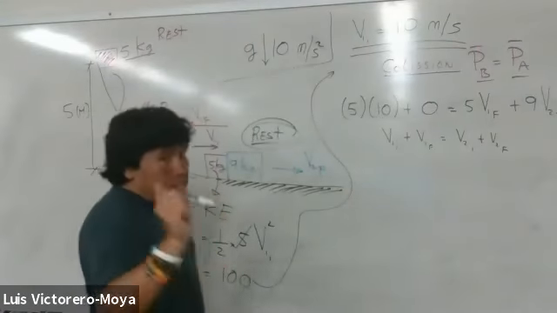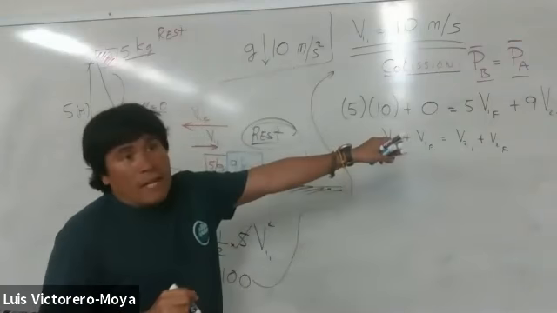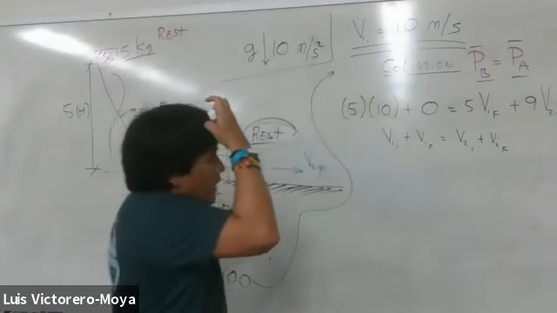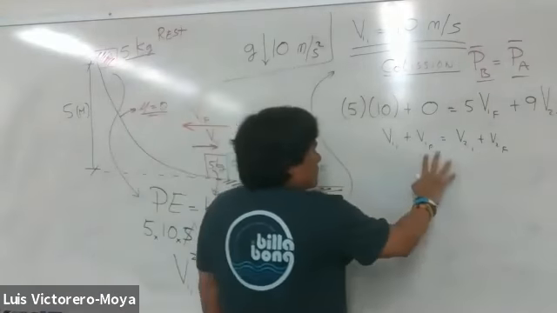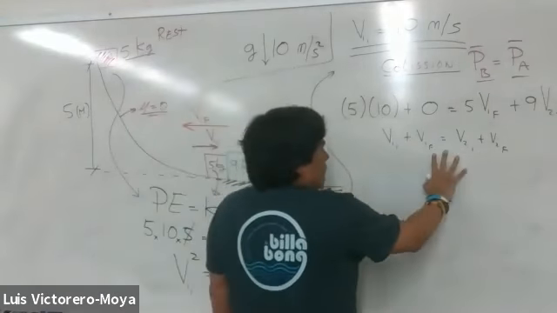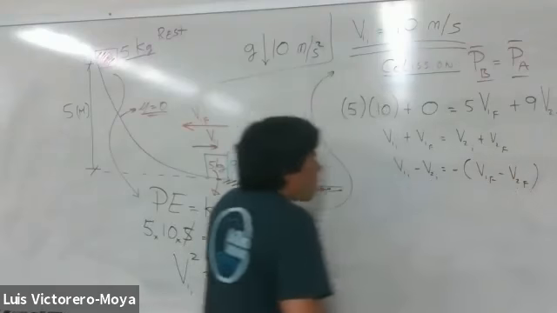So, yeah, elastic collision. So we can use that relationship. We can rearrange this as V1 initial minus V2 initial equals minus (V1 final minus V2 final).